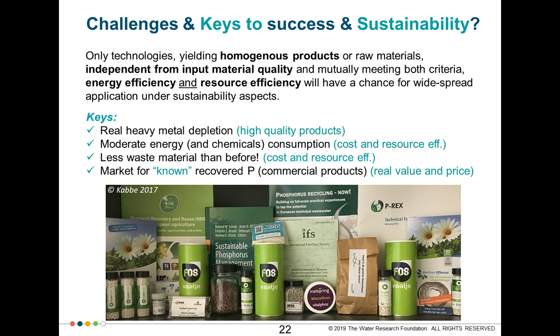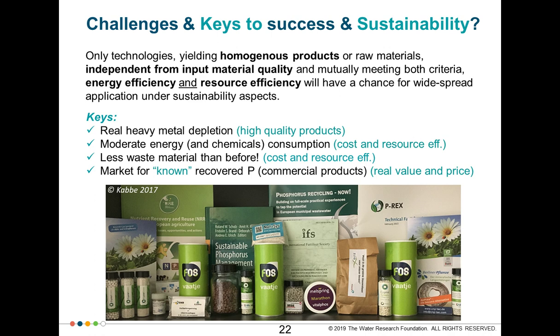So the keys, in fact, are real heavy metal depletion to achieve high quality products, not some undefined materials. Moderate energy and chemicals consumption, which is of course also a cost driver and an issue for resource efficiency.